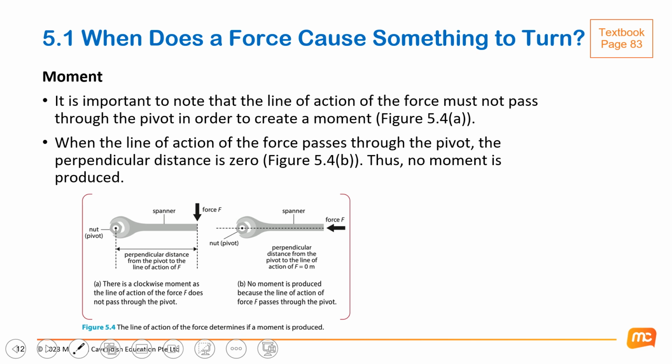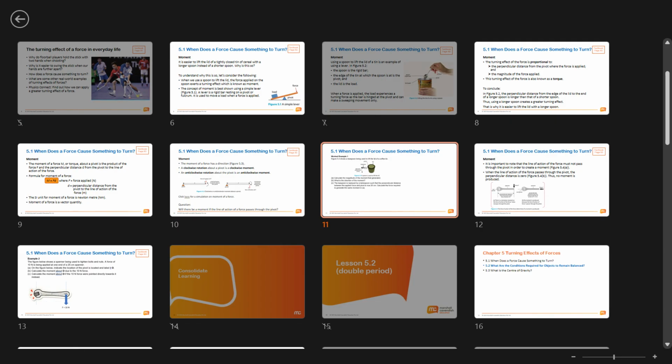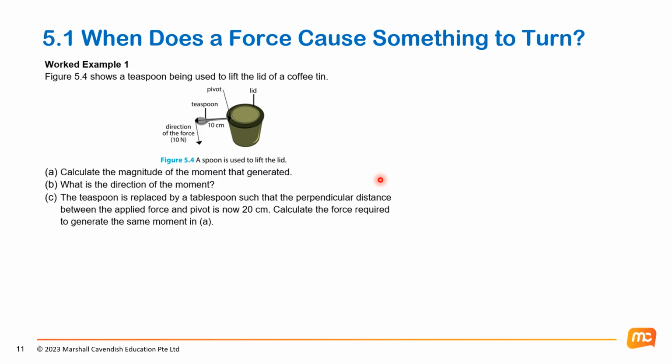But first, let us go through the first worked example. We've already gone through this in class, so very quickly, calculate the magnitude of the moment generated by this teaspoon used to lift the lid of a coffee tin. So what we want to do is to quickly use our formula for moments. So we know that moment is given by the force multiplied by the perpendicular distance.